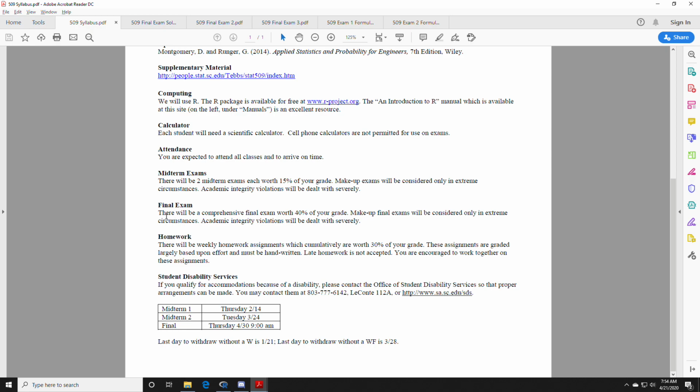So let's remember the final exam is worth 40% of your grade. Not only that, I said that if you did better on the final exam, it would also replace your lowest midterm exam grade.